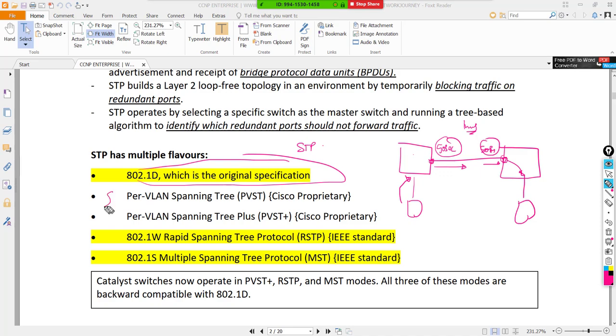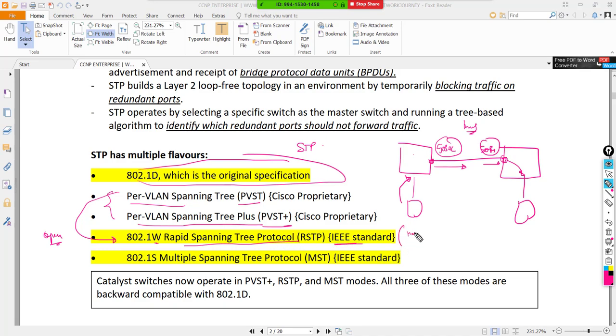Then we had some Cisco proprietary protocols like PVST+, which is Per VLAN Spanning Tree Plus. We also have open standard protocols like 802.1w, which is called Rapid Spanning Tree and is an IEEE standard.